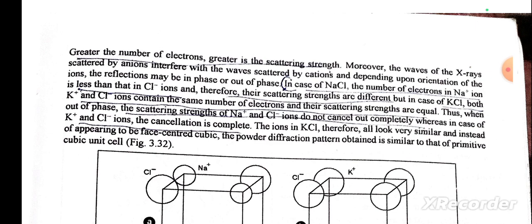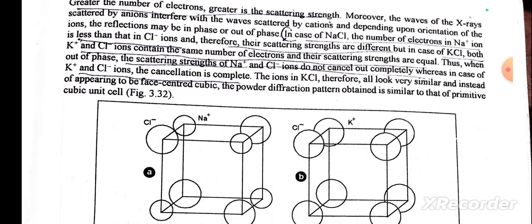In the case of NaCl, the number of electrons in Na+ is less than that of the Cl- ion, and therefore their scattering strengths are different. But in the case of KCl, both the K+ and Cl- ions contain the same number of electrons, and their scattering strengths are equivalent. So when they are out of phase, the scattering strengths of Na+ and Cl- ions do not cancel out completely.